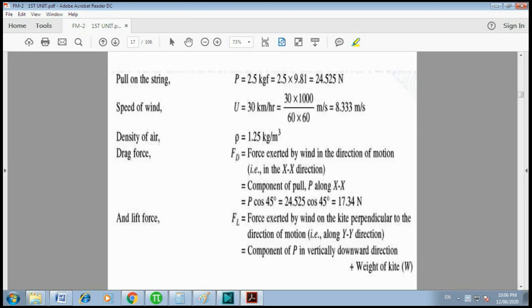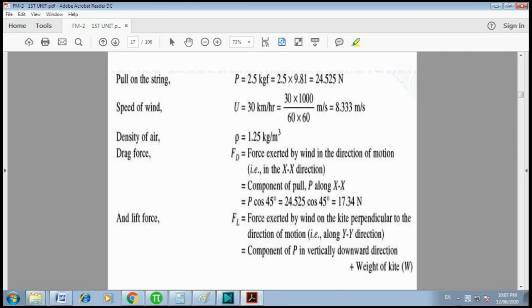Only one force is there, so that is nothing but P cos 45. P is given already, 2.5 kgf, and after converting it becomes 24.525 newton. Inserting that value, they have calculated FD equal to 17.34 newton.